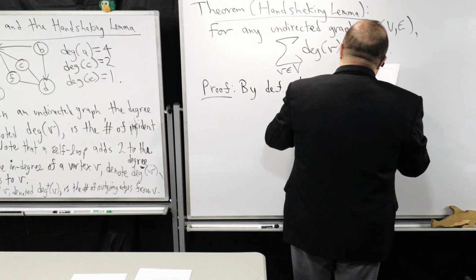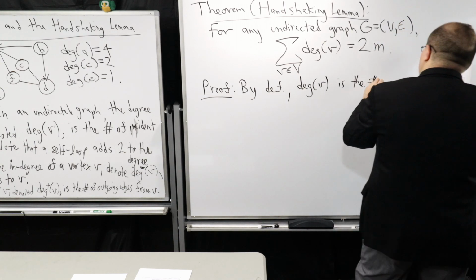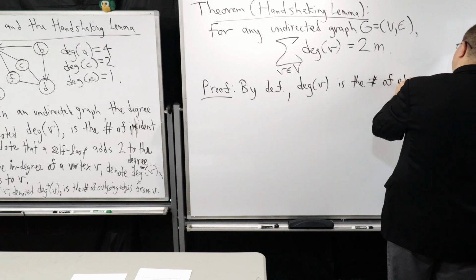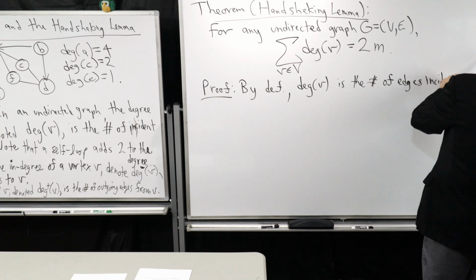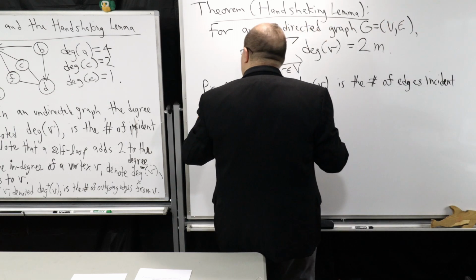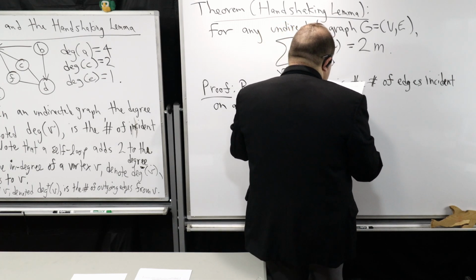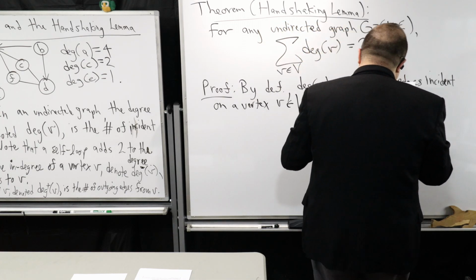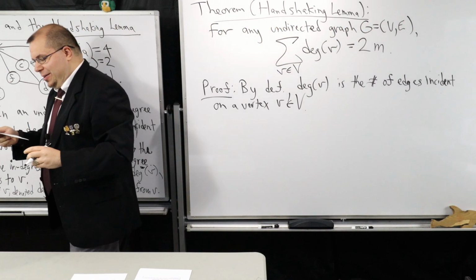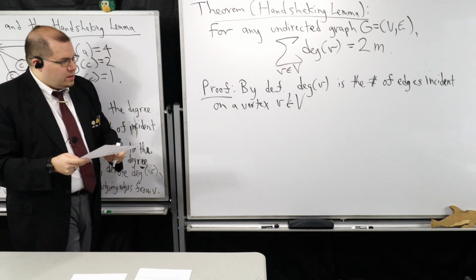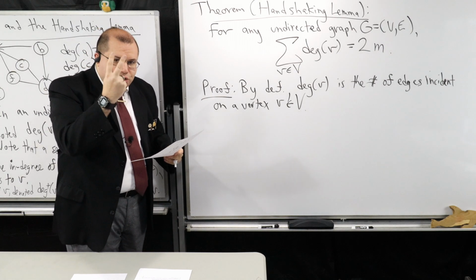By definition, the degree of v is the number of edges incident on a vertex v in our set of vertices. Now, there's a very interesting thing we know about every one of our edges. Every edge is incident on 2 vertices.